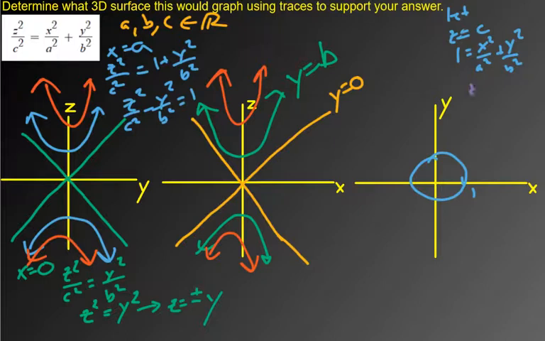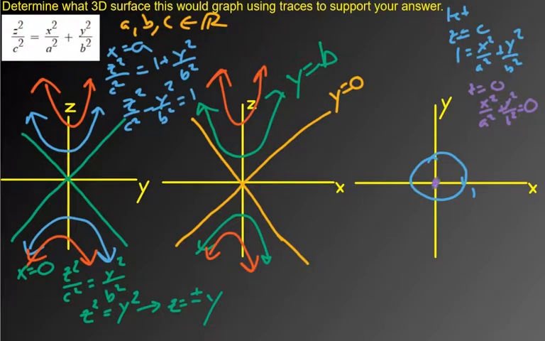If you do z equals 0, then you're going to get x squared over a squared plus y squared over b squared equals 0. And the only way this equation can hold, because everything in this is positive, is if x and y are 0.